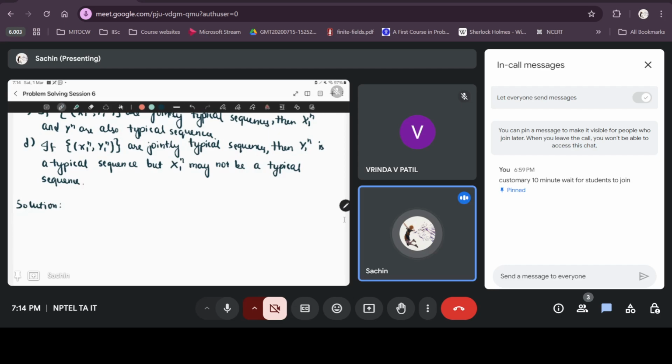So by definition, if Xn and Yn are jointly typical, then Xn should be a typical sequence, Yn should be a typical sequence, and additionally the empirical joint entropy should be equal to the true joint entropy.